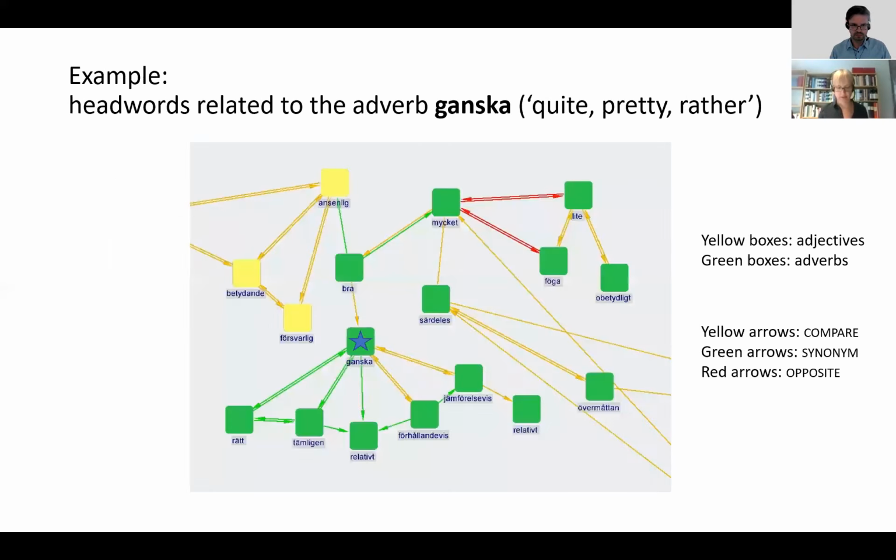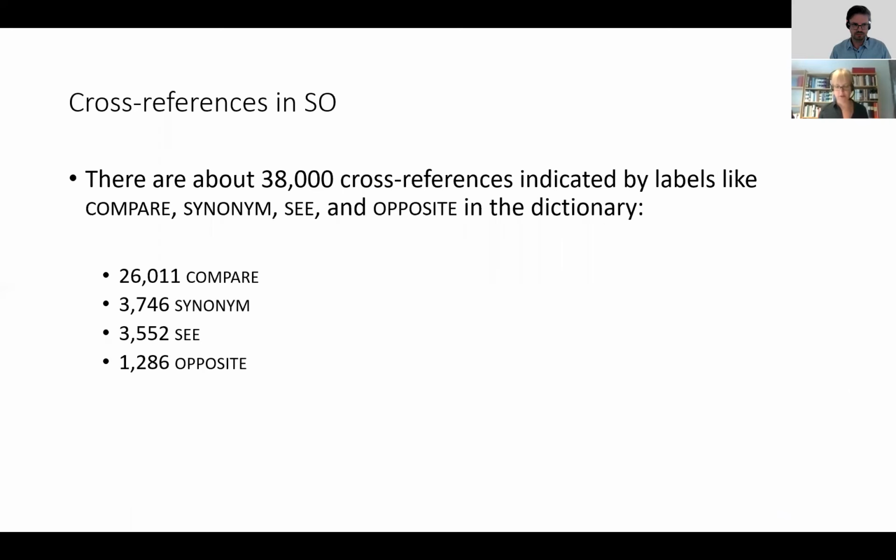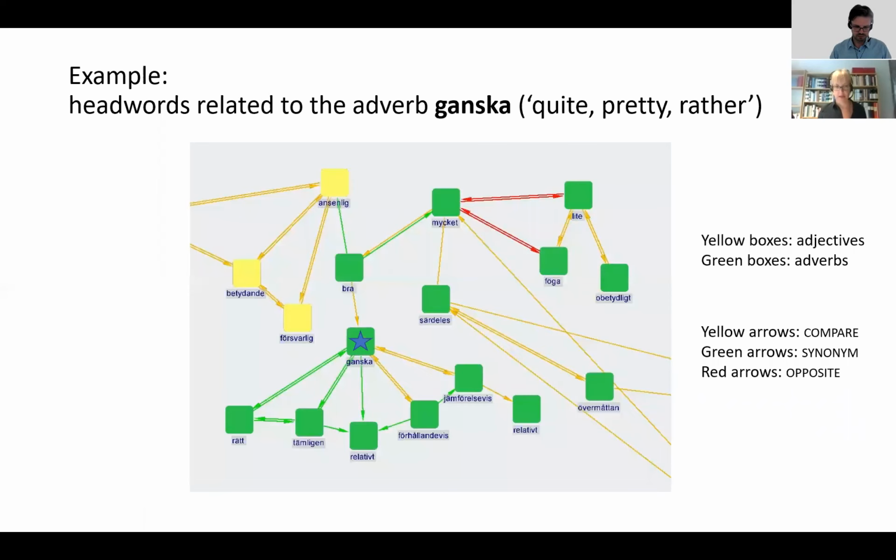And as you can see on this slide, cross-references with the label compare are the most common. And this is the example on this slide. You can see the Swedish adverb ganska with the meaning quite, pretty, rather, and headwords related to that.